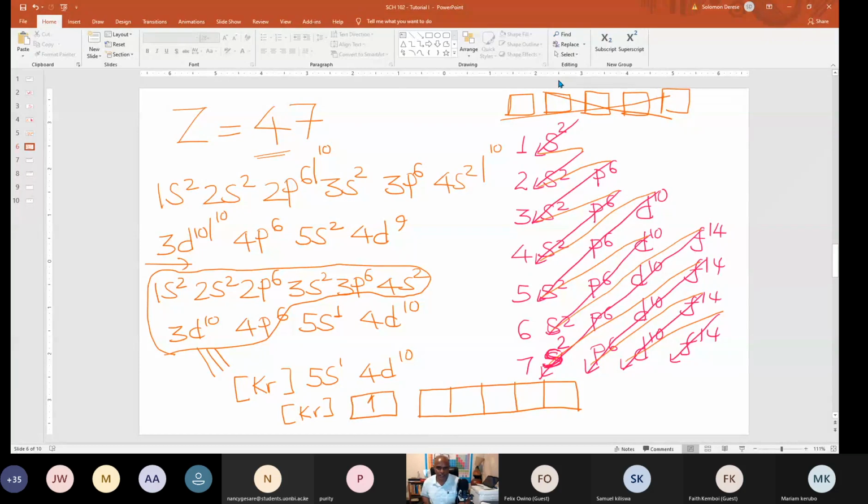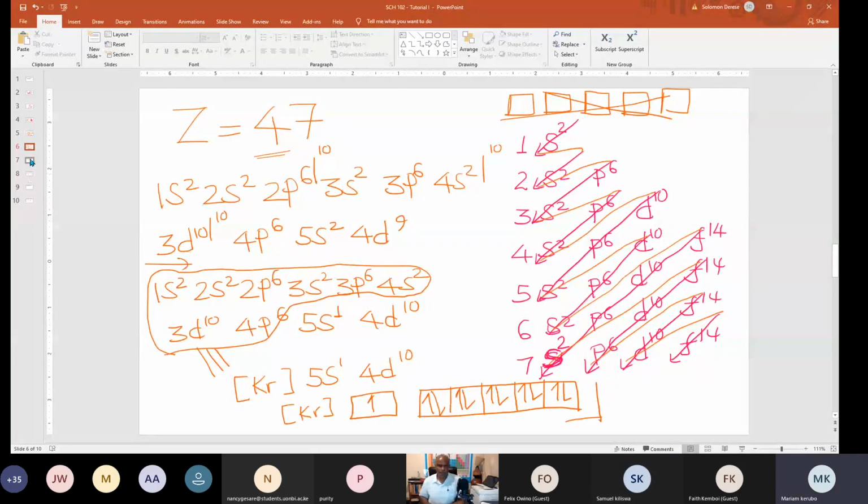So 1, 2, 3, 4, 5, 6, 7, 8, 9, 10. Okay, this is how you write the electron configuration. Is it okay? Are you guys okay? Yes. Okay.